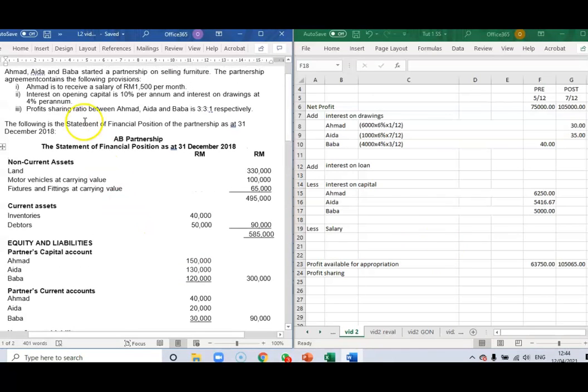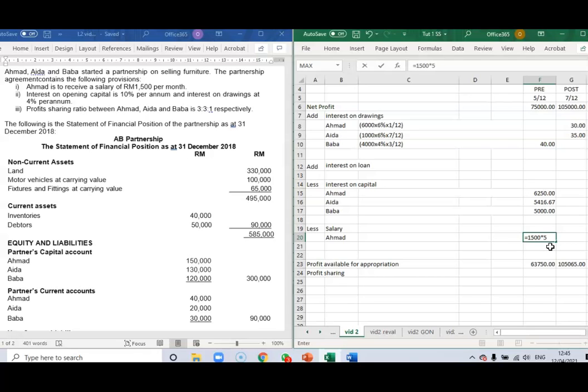Okay, salary is all for Ahmad, because Ahmad received the old one. So Ahmad has a salary for pre of 1,500 for 5 months, January to May.